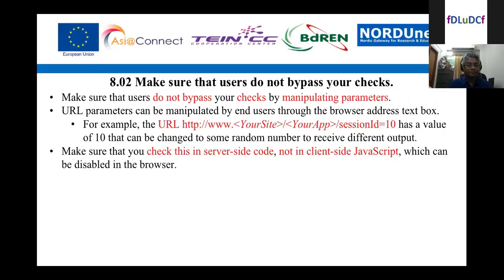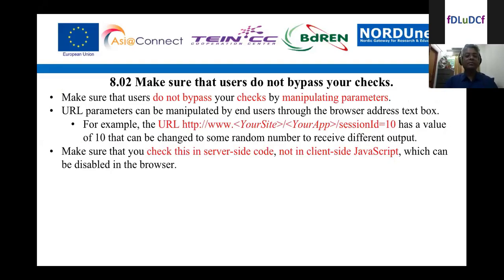and make sure that the users don't bypass your checks. You are checking the authorization and the manipulation parameters, so make sure that attackers cannot bypass your checks. If they can bypass your checks, then your system will no longer be secure.